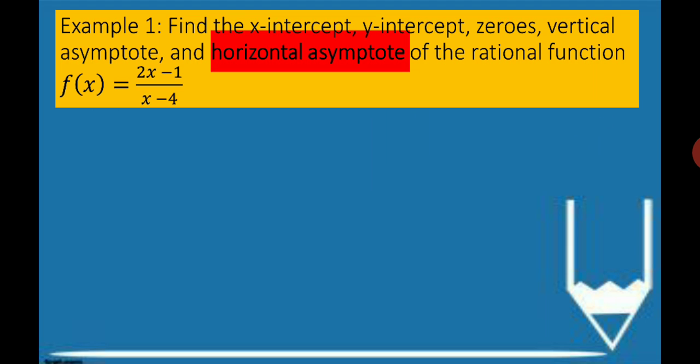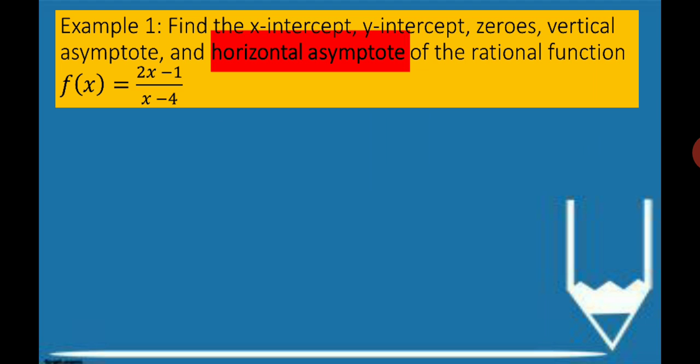So, let's find this. Example 1. Find the horizontal asymptote of the rational function f of x equal to 2x minus 1 all over x minus 4. By the way, we will be using the same function for all of these terms.